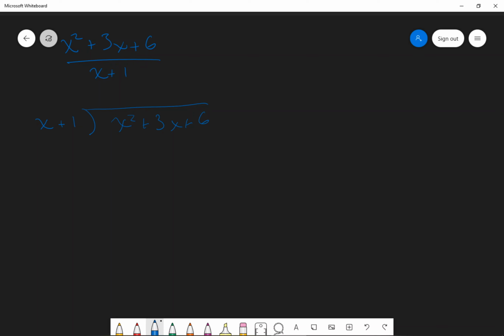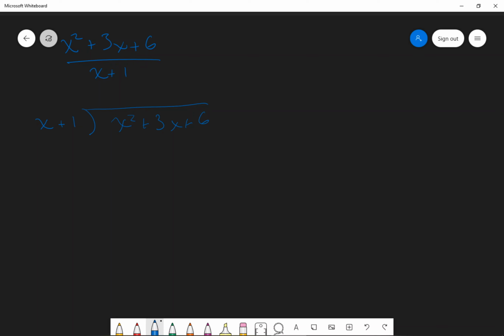We write the denominator and the numerator in terms of decreasing powers of x. So let's see how we do this.